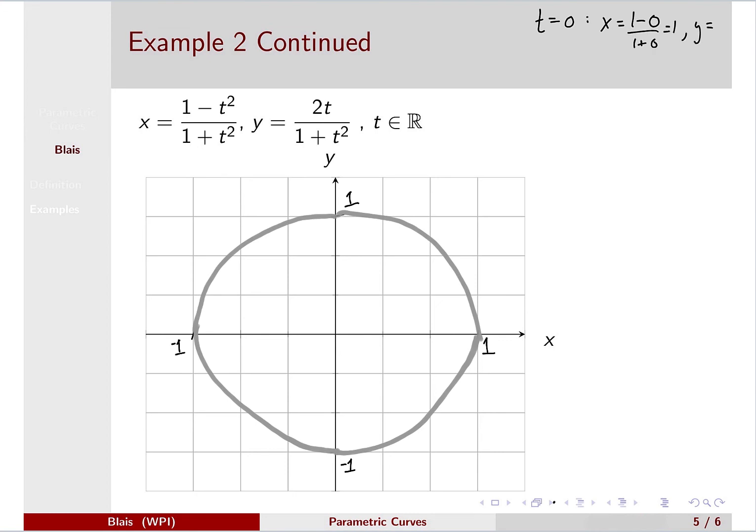And our y is 2 times 0 over 1, or 0. So we're at the point (1, 0). So at time 0, we start out here.